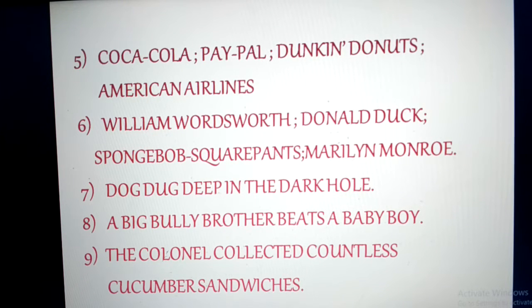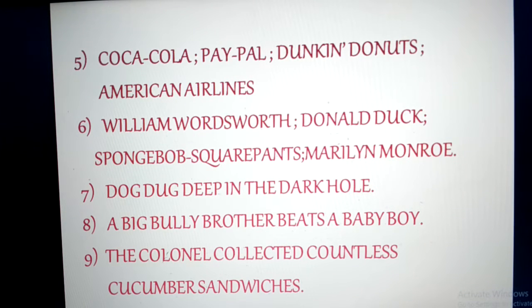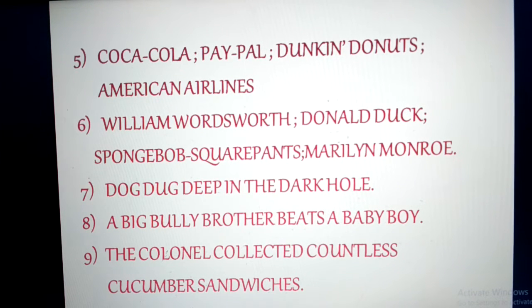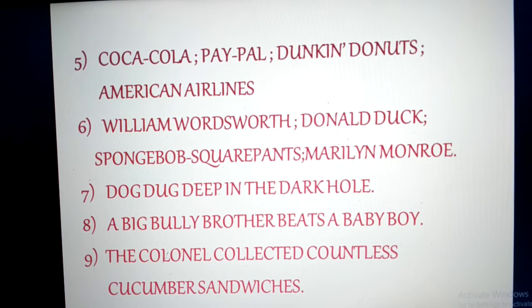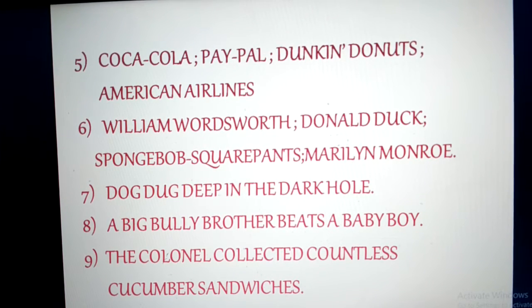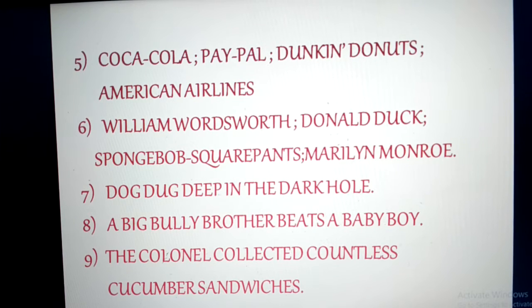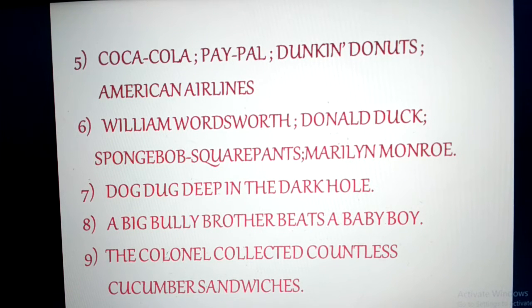See the sentence here. Dog dug deep in the dark hole. A big bully brother beats a baby boy. The repetition of the sound B produced by the letter B. The colonel collected countless cucumber sandwiches.